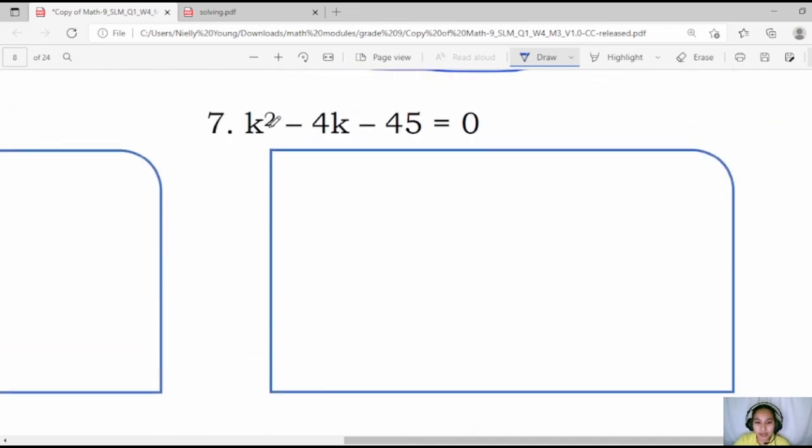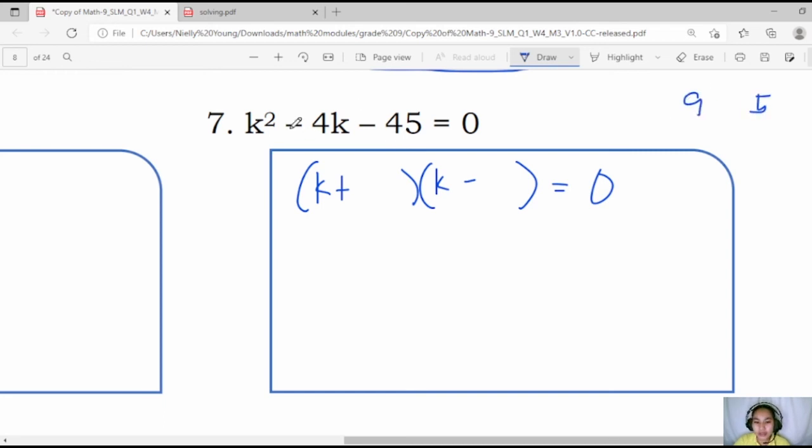Number 7, k squared minus 4k minus 45 is equal to 0. Factor it out. Okay. Again, that is negative, so positive and negative. And this is negative, so the highest number is negative. So let us find the factors of 45. That is 9 and 5.